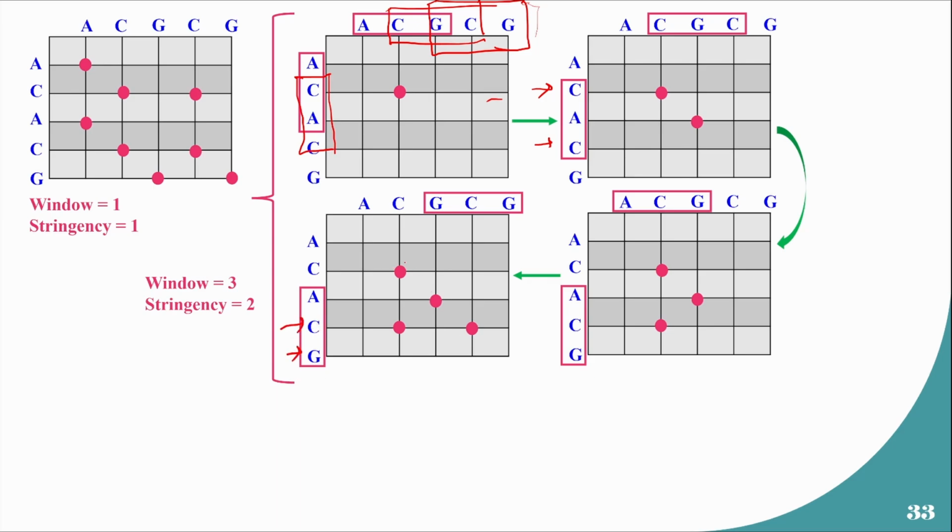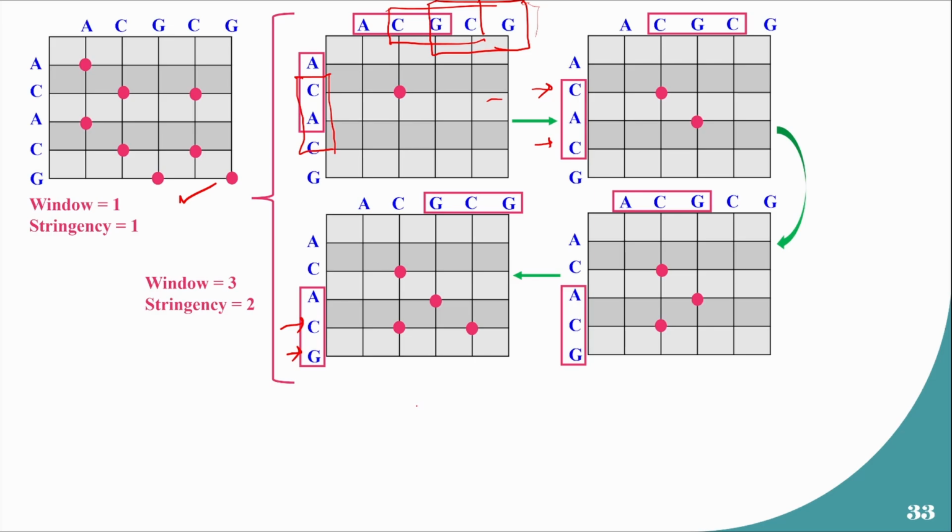Okay, and then when you are done constructing the dot plot here, you will notice that it has much fewer dots than if you did it with window size 1 and stringency 1. So it has fewer dots, right? So basically you can imagine that if you're comparing two large sequences, let's say thousands of amino acids long, let's say 1,000 amino acids long.